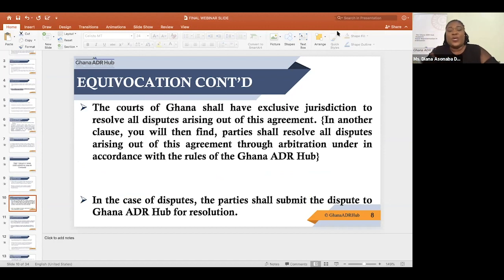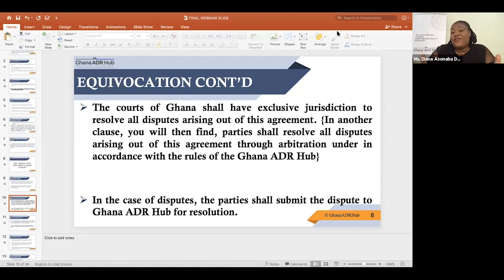So the first one, the arbitration. Now, again, let me point out here that the arbitration clause may be part of the contract itself as one of the clauses, or it may be set out in a separate agreement, which you call the arbitration agreement. Either way, the guidelines that we're putting out here apply to whether it is an arbitration clause within a contract in itself, or a separate document called an arbitration agreement, which relates to a contract that has been entered into between parties.